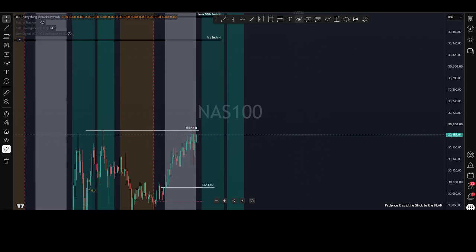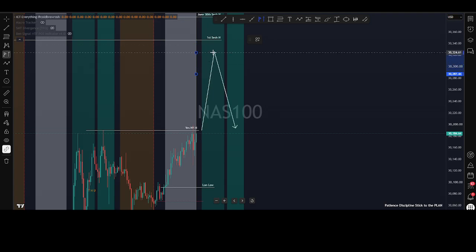And then the other scenario, which is we manipulate up, thinking we're going to go there, and then Nas has a nasty habit of not getting to its primary target, and then tanking back down just to smash everybody that's in buys here to some point down here, and then eventually going back up to where it wants to go properly by the end of the day.